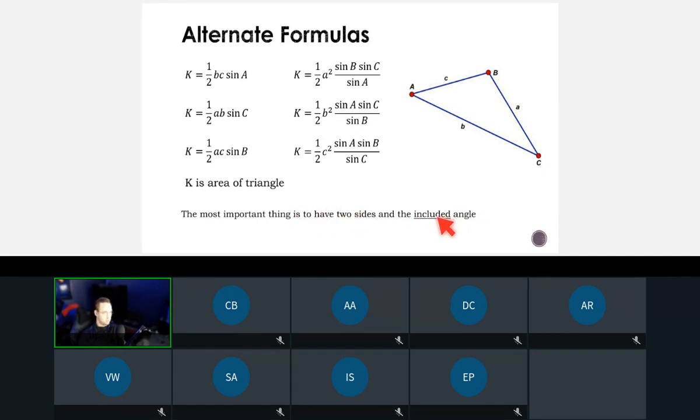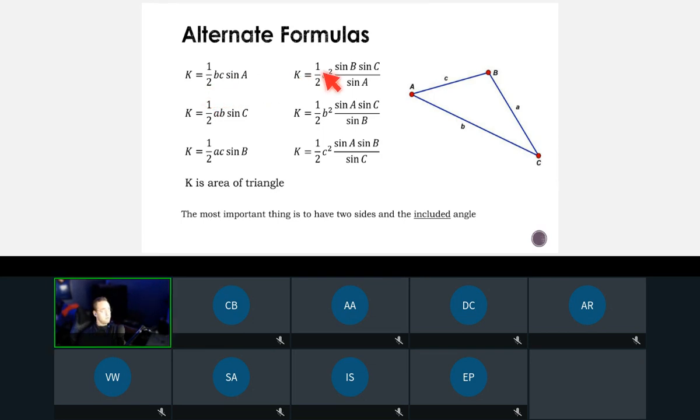Included means the angle that is between those 2 sides. That's referring to these first 3. So angle A here would be the included angle to side C and side B. Angle C here is the included angle to side A and side B.